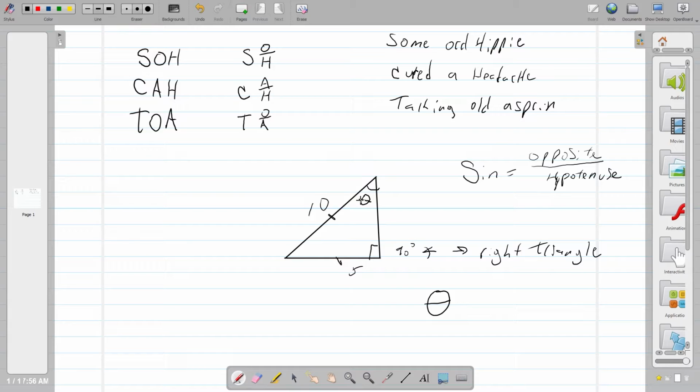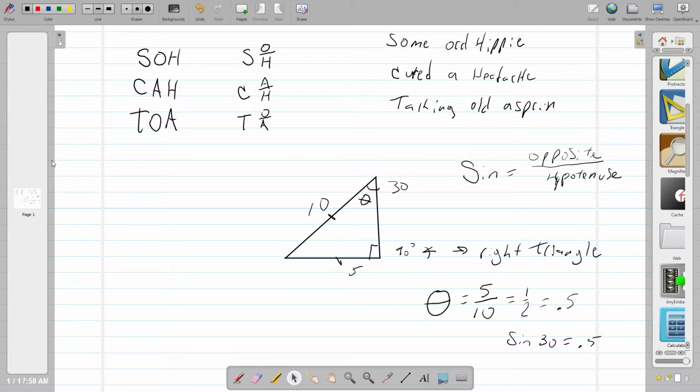So if we take opposite, 5 divided by 10, so 5/10 is equal to 1/2, which is equal to 0.5. And I just happen to know off the top of my head that the sine of 30 is 0.5. So this would be a 30-degree angle. On your fancy calculators, if you hit the second button and then sine, and you type in 0.5 and hit enter, it'll tell you 30.